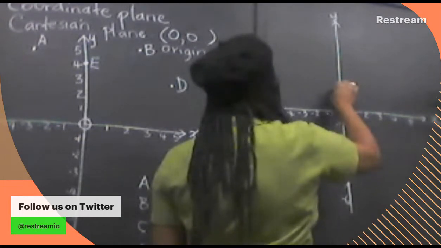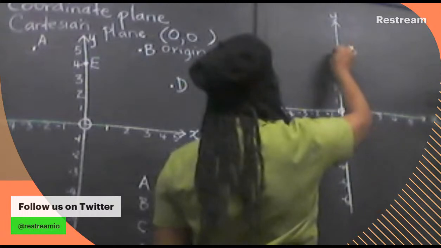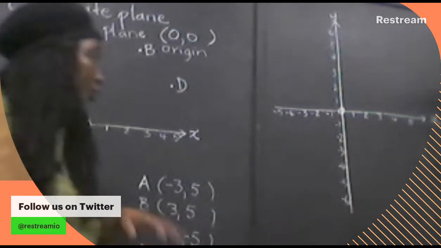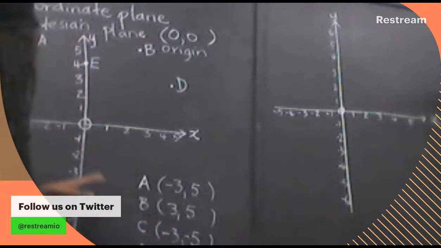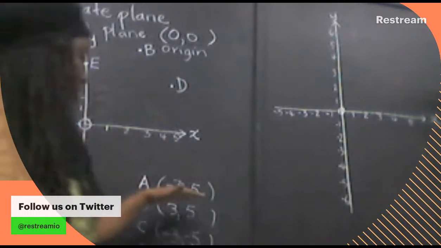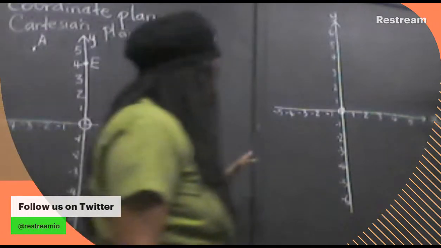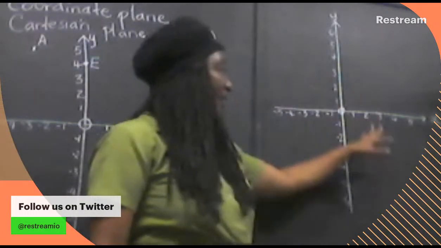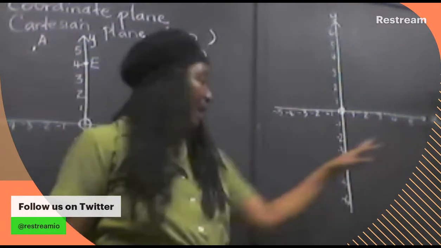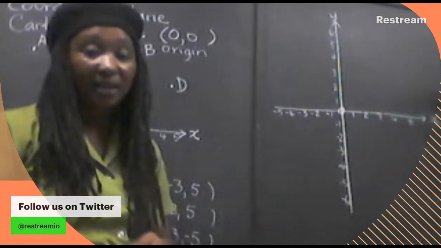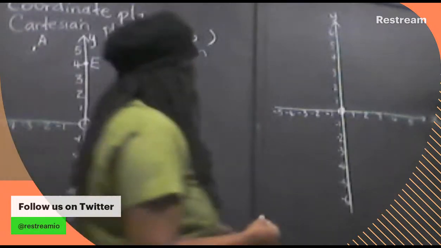All right. So I'm going to put some points. You should be able to get the coordinate pairs and plot the points, as well as, when you're given the points, determine what the coordinate pairs are for those points.